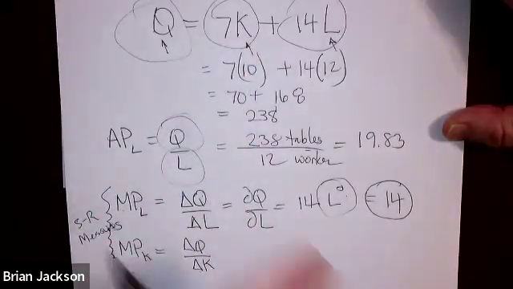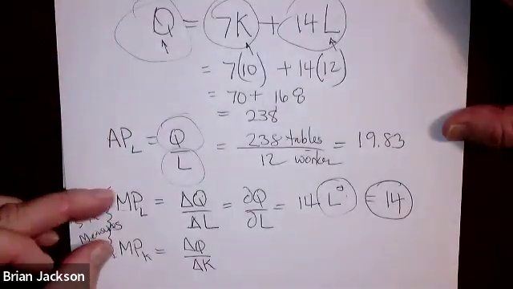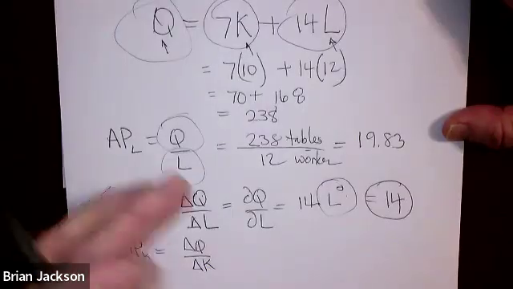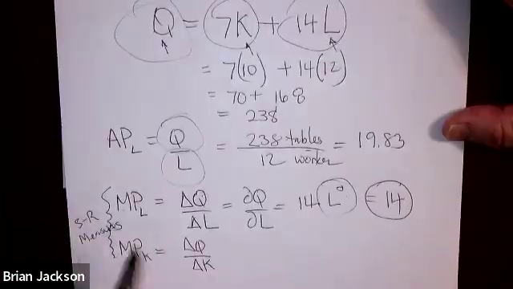So the point here is that those short run decisions pertain to these marginal products, which assume that, by definition in the short run in economics, one of your inputs is constant.